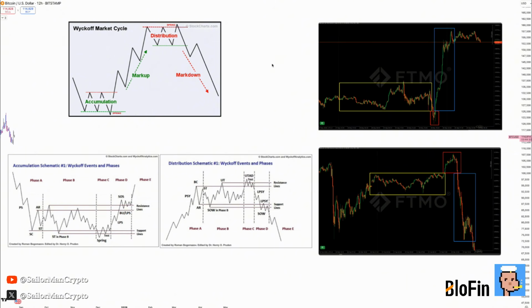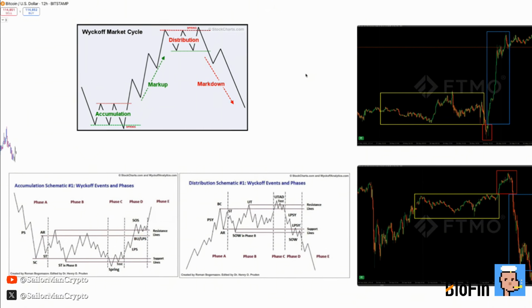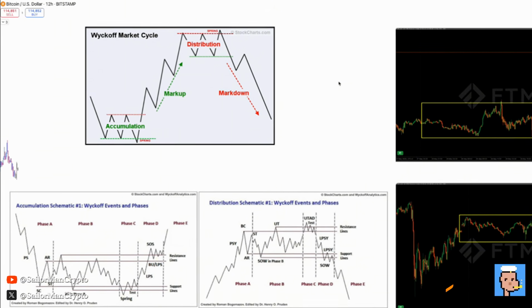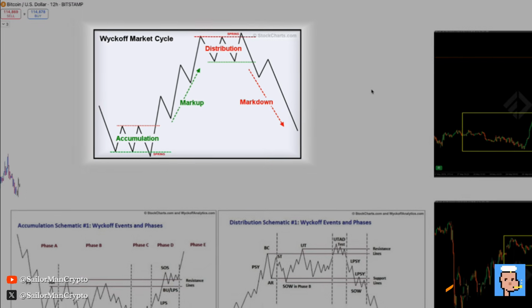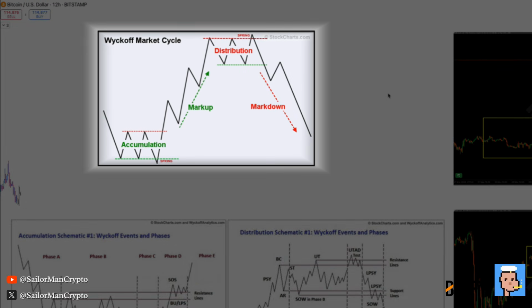Whatever I've learned and developed related to the understanding of accumulation and distribution comes from two, let's say, narratives or literature. One is the Wyckoff accumulation and distribution schematic of Wyckoff's market cycle, and the other is more from the ICT concept of trading.